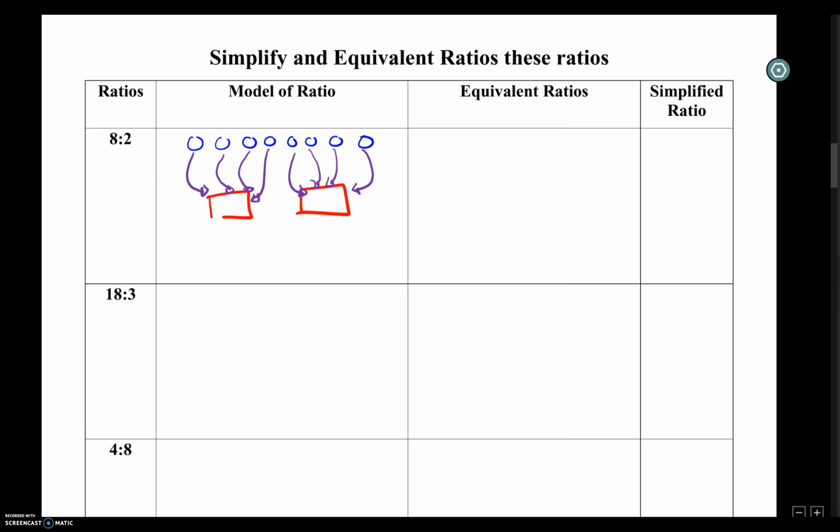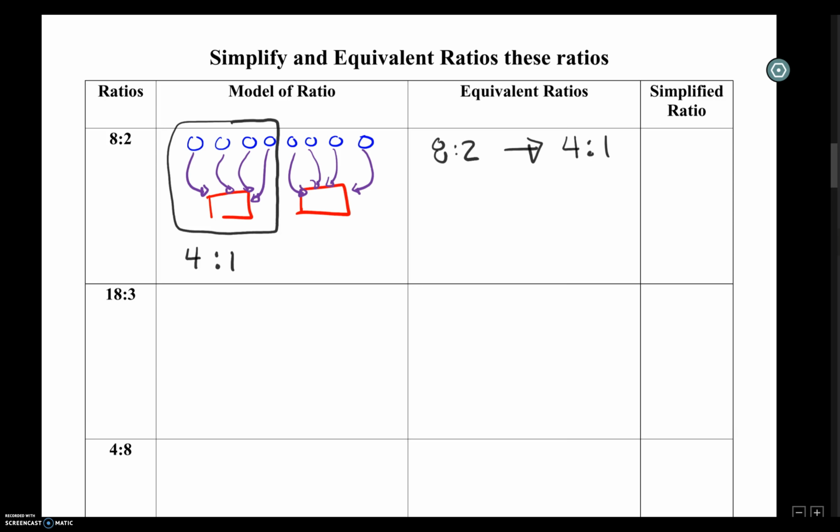So if we look at just this part, an equivalent ratio would be 4 circles to 1 box. So we have 8 to 2, and 8 to 2 could be simplified to 4 to 1.